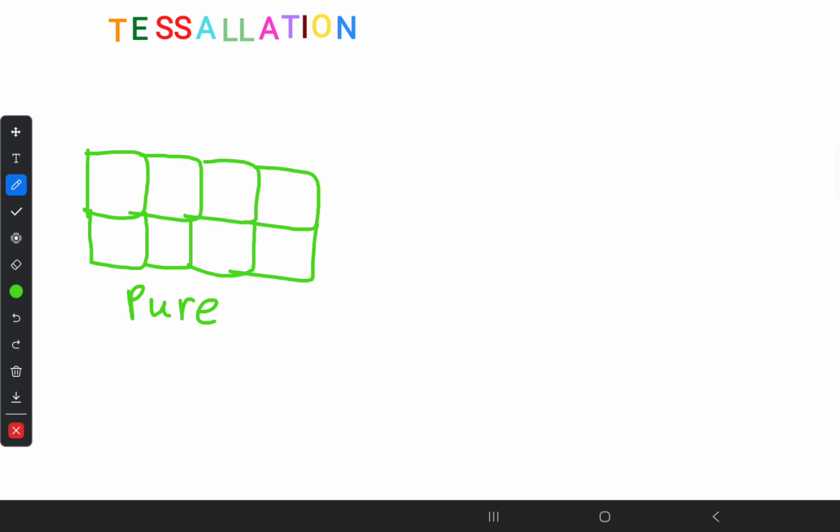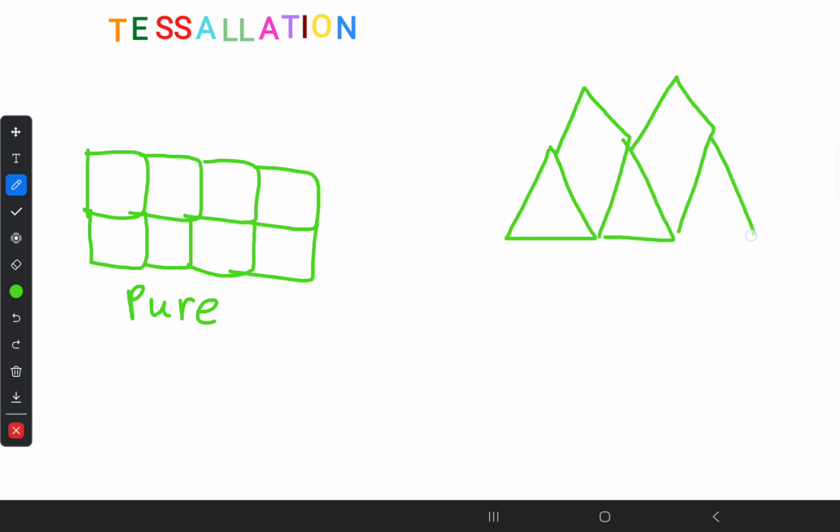If you use more than one shape, I will use a triangle and a rhombus, a triangle and a rhombus, triangle and a rhombus. This is called semi-pure tessellation because it consists of more than a single shape. Obviously we can see here all are identical blocks of squares. So that is pure tessellation.